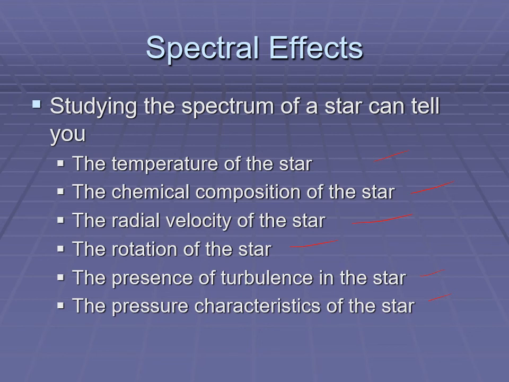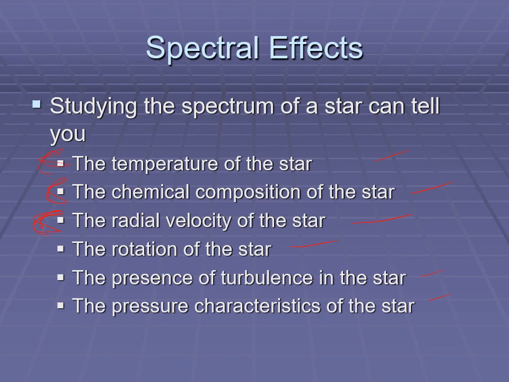The peak wavelength, that's the blackbody radiation that tells you the temperature of it. The spectral lines tell you the chemical composition. So the peak wavelength is the temperature. The spectral lines tell you the chemical composition, and the radial velocity of the star, that's the shift in the spectral lines.